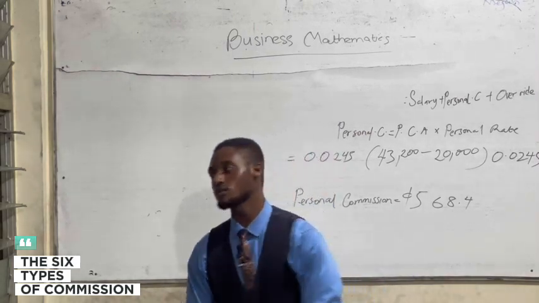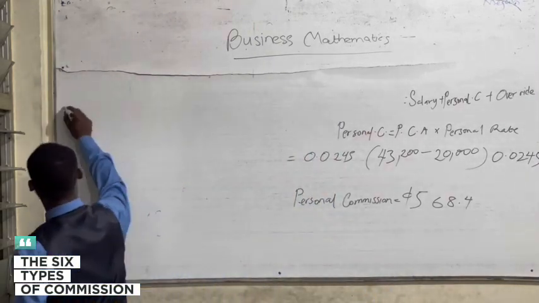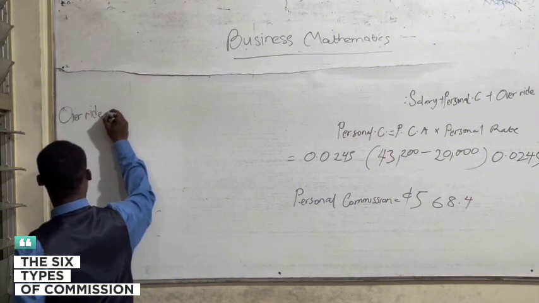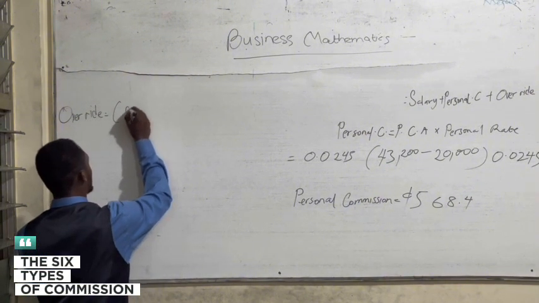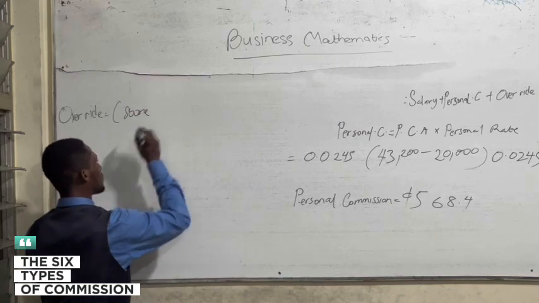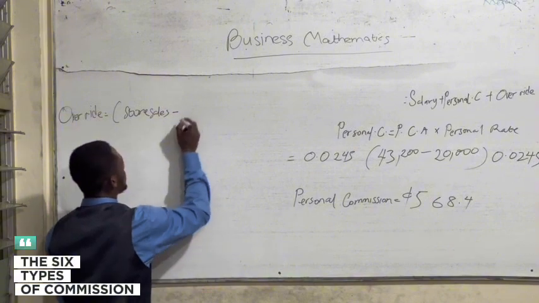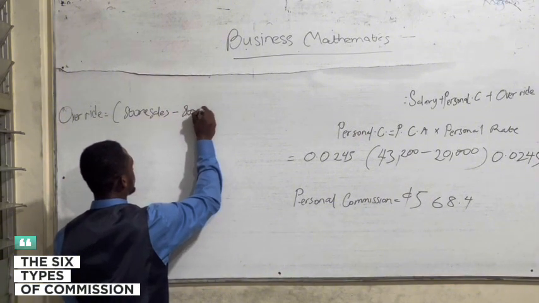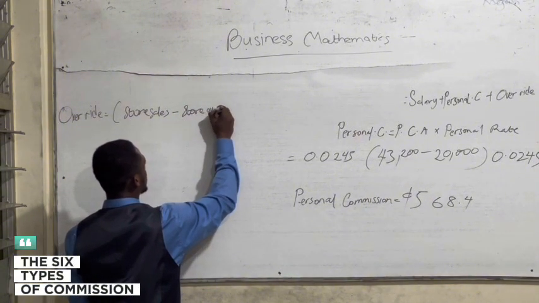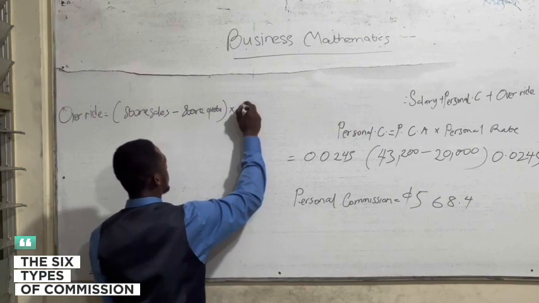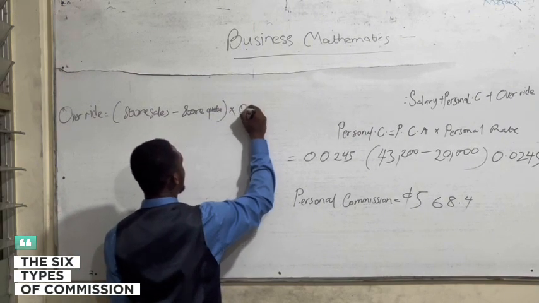When it comes to the override, it also has its formula, which is the store sales, which has been stated in the question, minus store quota, times override rate.